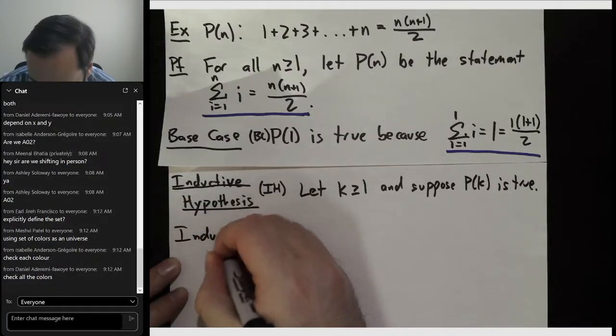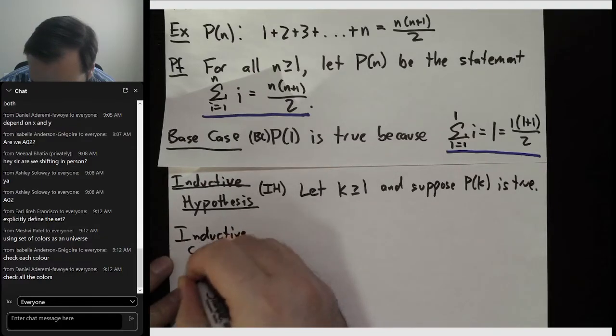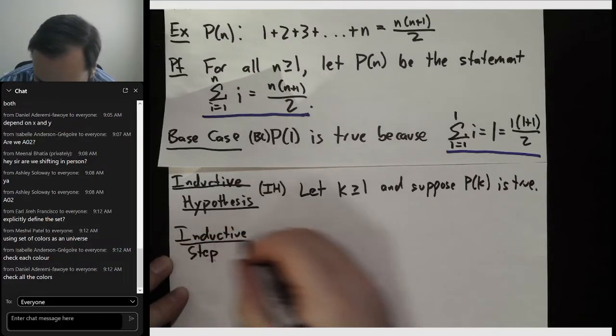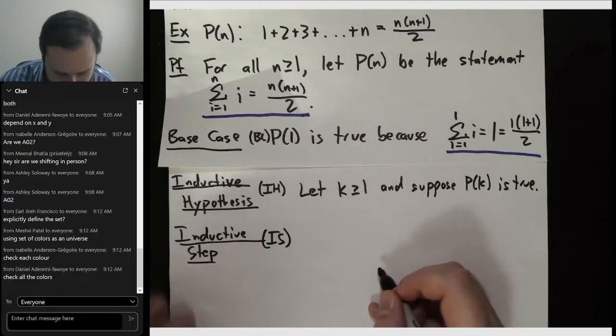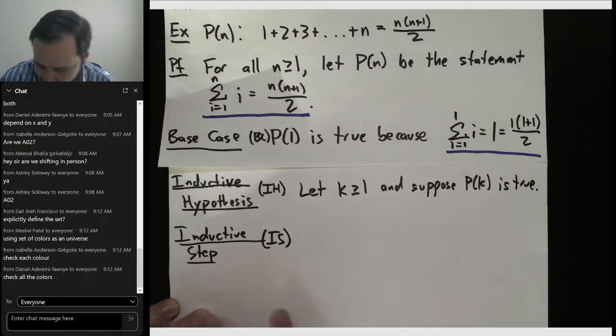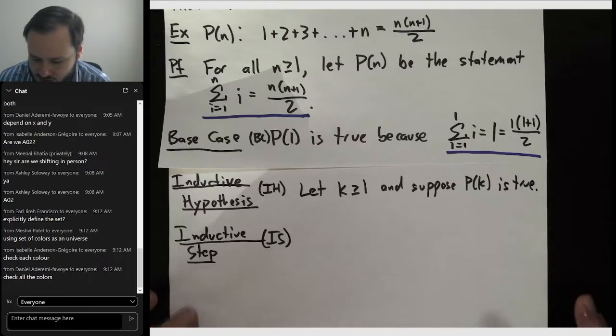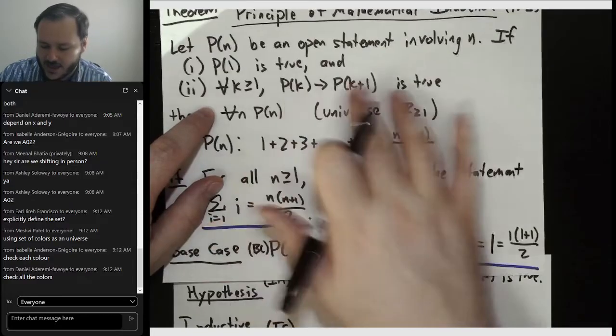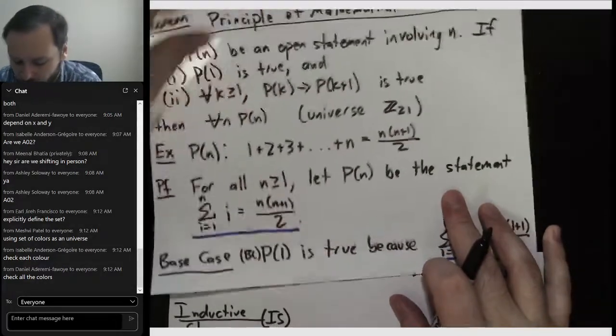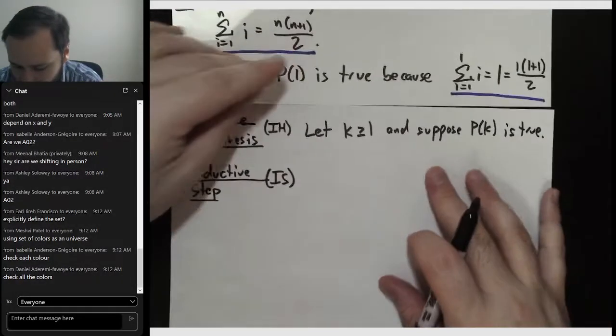Inductive step, or IS. This part is just trying to show P of k implies P of k plus 1. So it all gets underlined in blue.